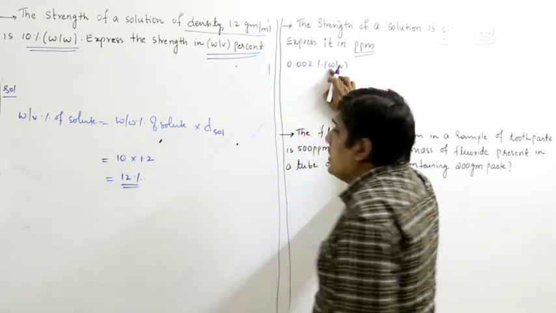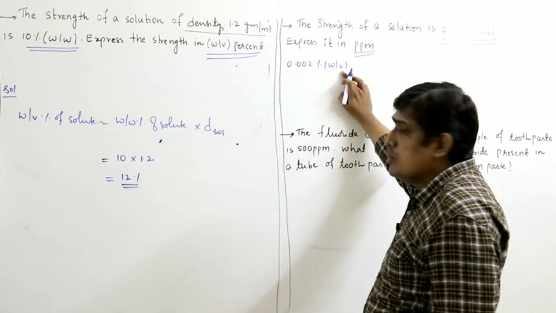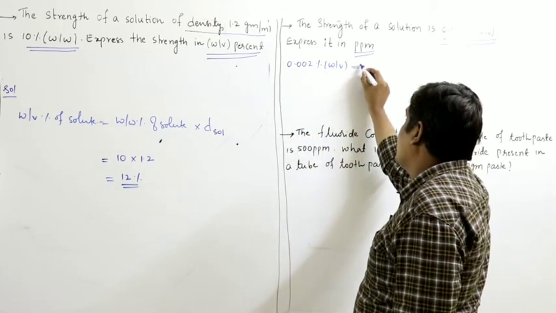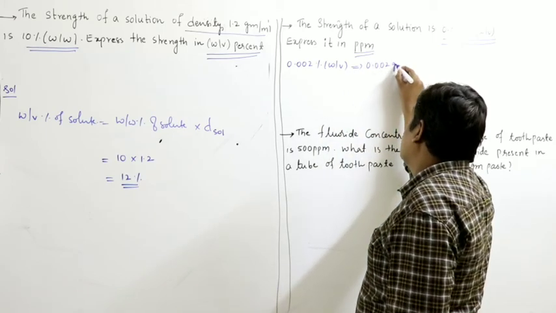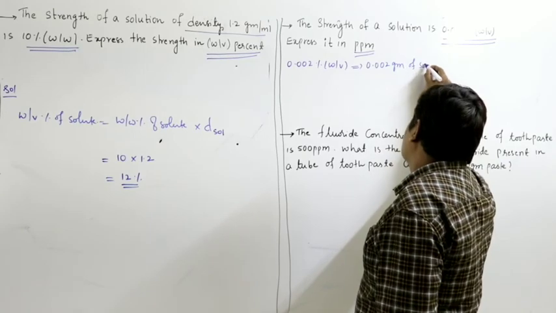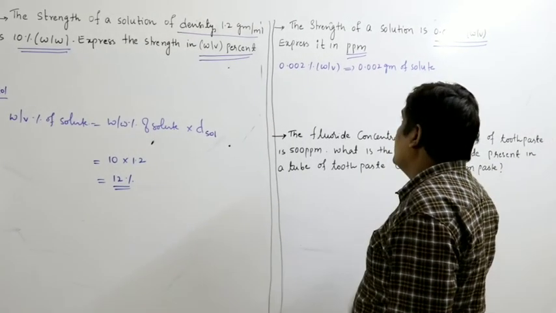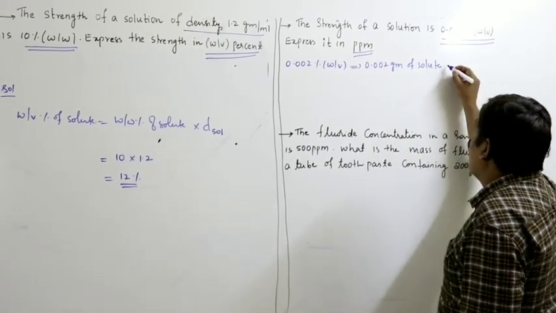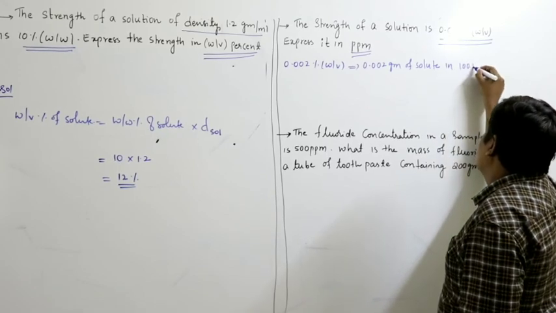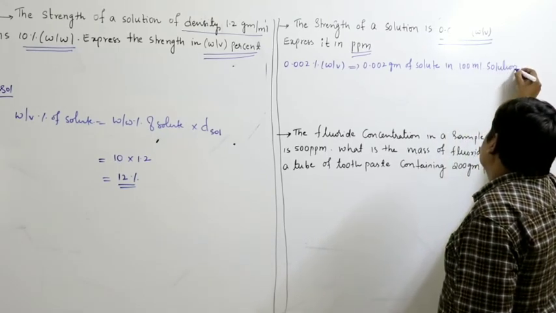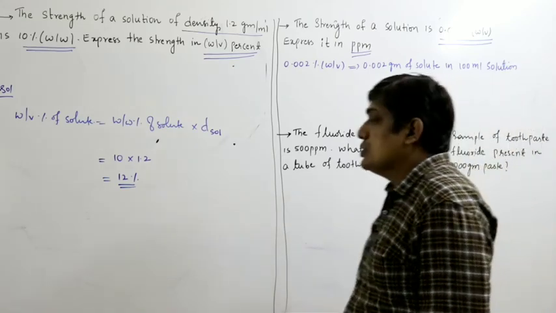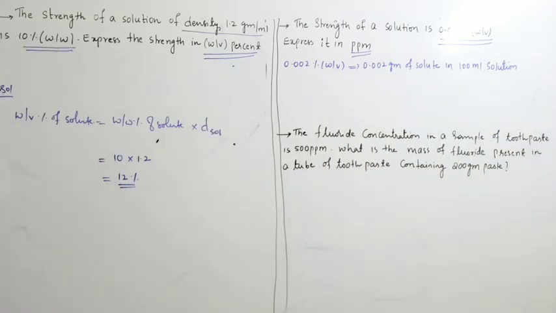This is the weight of solute, and this is the volume of solution. So what is the weight of solute? 0.002 grams of solute in 100 ml solution. This is the meaning of 0.002% weight by volume.